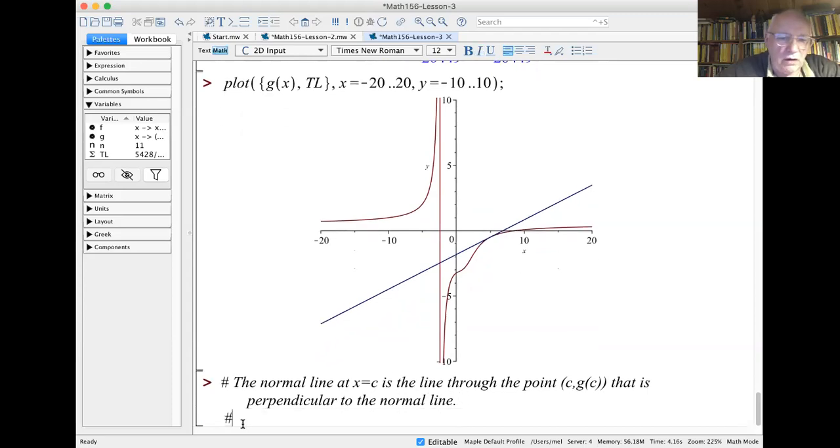And you recall from, again, high school algebra or pre-calculus, two lines are perpendicular if the product of their slopes is -1.